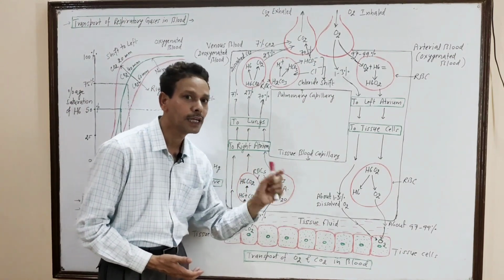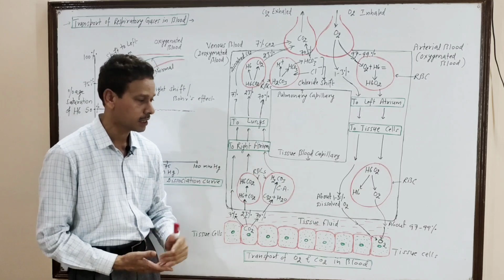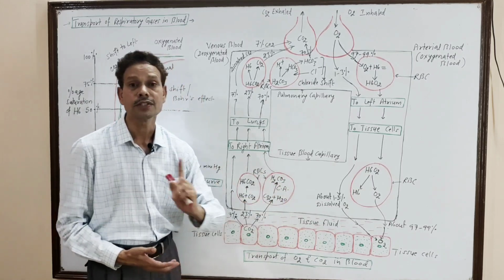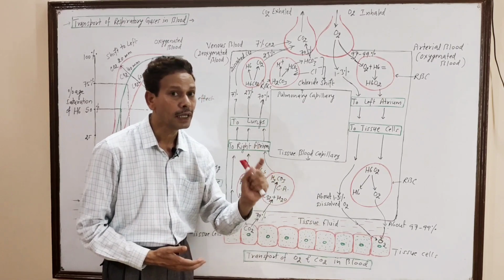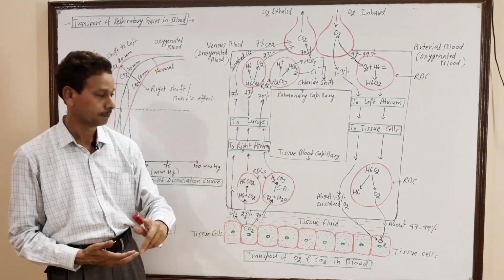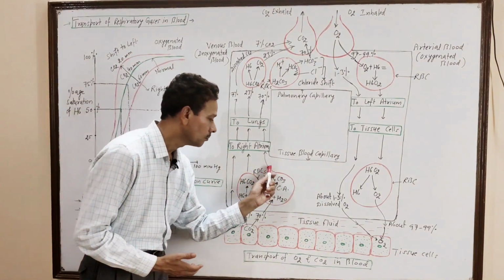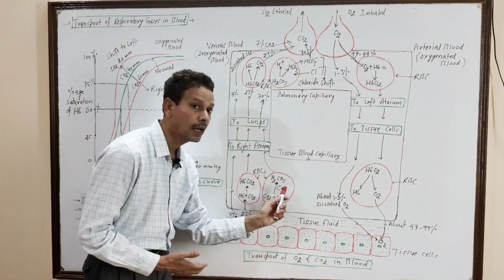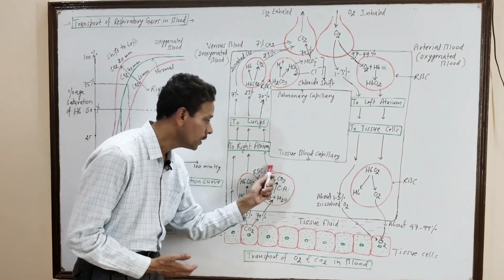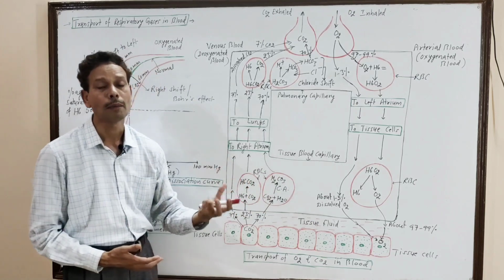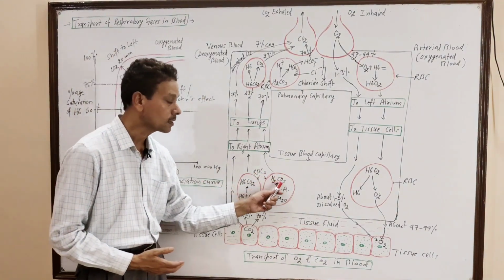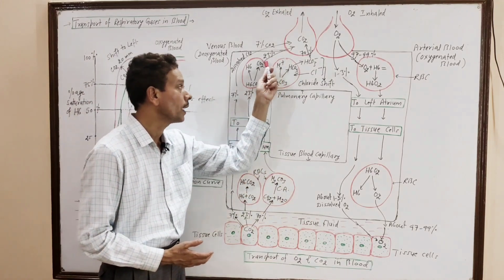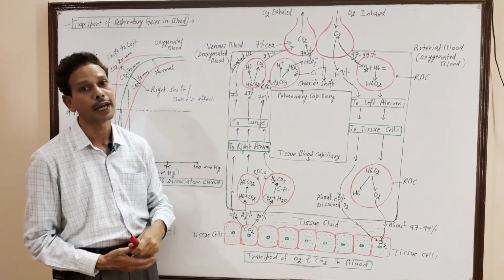Here in RBCs, this CO2 interacts with a water molecule in the presence of the enzyme carbonic anhydrase, which is the fastest enzyme. Its turnover number is 36 million. This produces carbonic acid, which dissociates into H ions and bicarbonate ions.